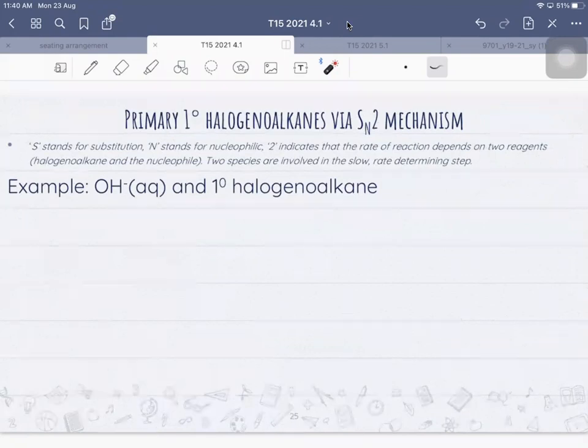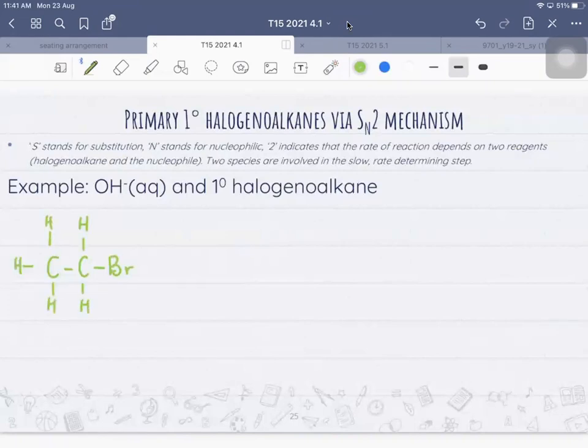Not necessarily. Okay, so what happens is we're going to use a primary halogenoalkane, an example, just a simple bromoethane. Okay, so this is where you should start copying down.